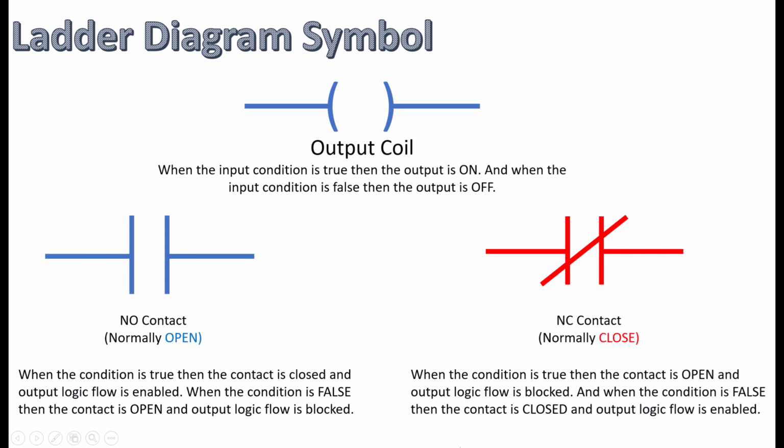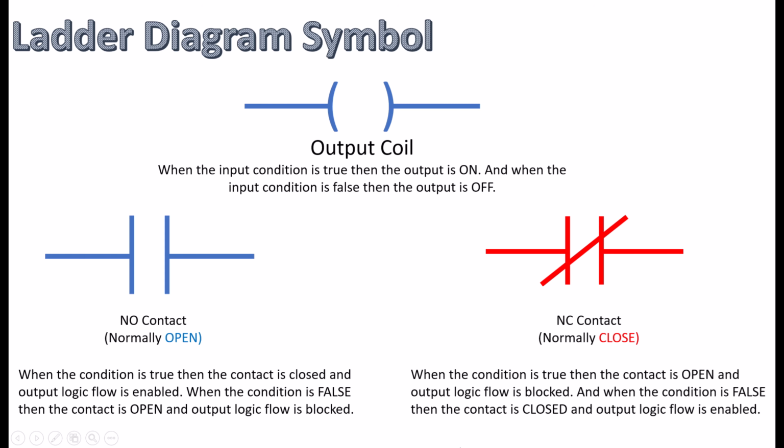On the other hand, we have the normally closed, NC, contact. This works in the opposite way to the normally open contact. The normally closed contact begins in a closed state, allowing current to flow when the input condition is false. However, when the input condition becomes true, the contact opens and the current flow is interrupted.